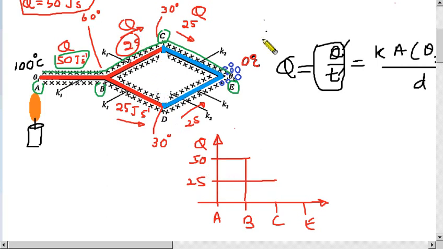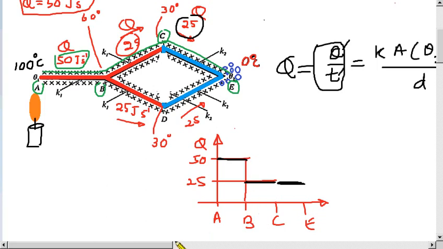That is the idea. Like this and like this. In between B and C. Then in between C and E, what is the rate of heat flow? 25. So again 25. So this is the graph.